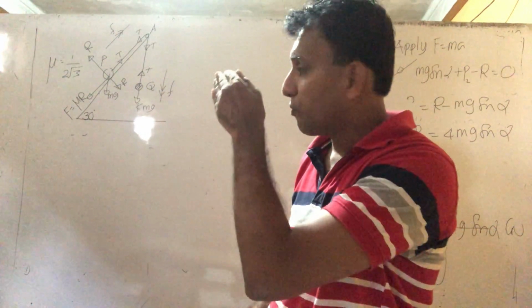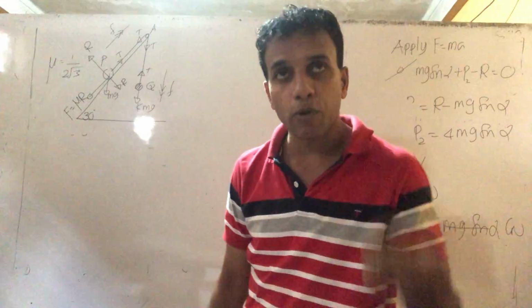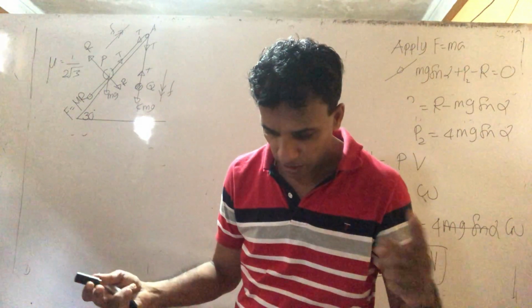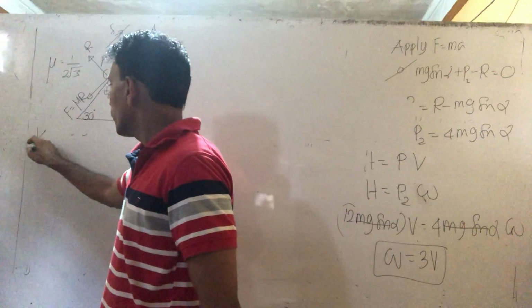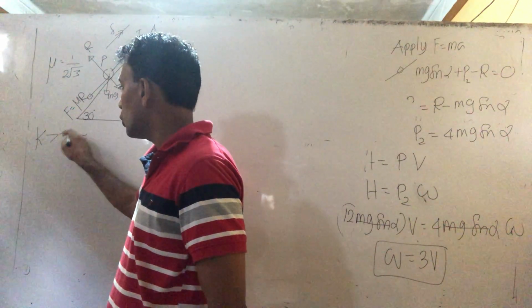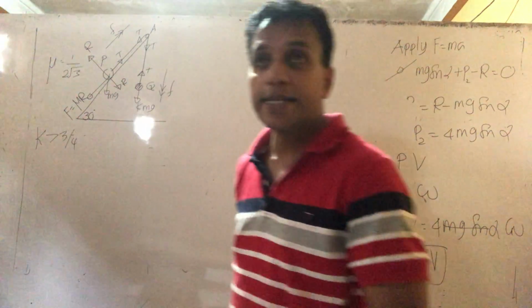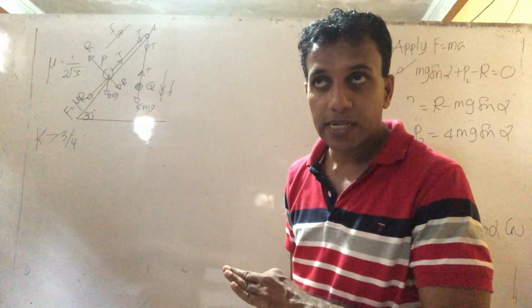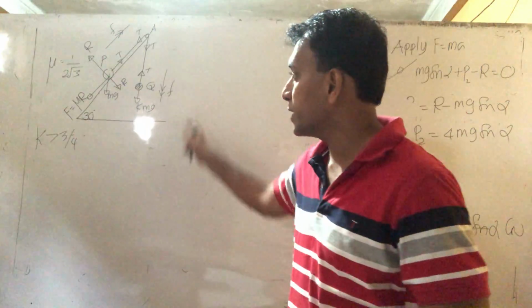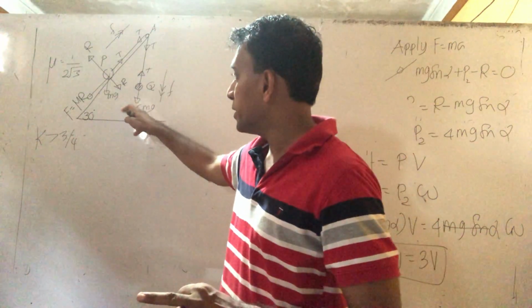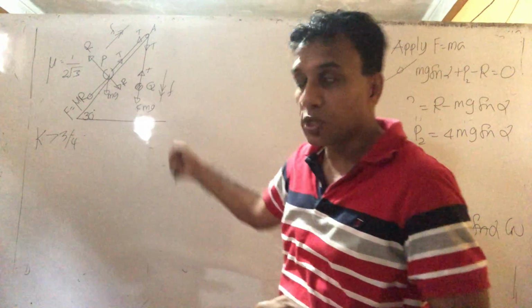I mentioned f is downward. If f becomes positive, then the problem is okay. They say somewhere K greater than 3 over 4. If K is greater than 3 over 4 only, is my diagram valid. That's what we have to show, right? Only for K more than 3 over 4 is this diagram valid. That means this particle Q comes down.